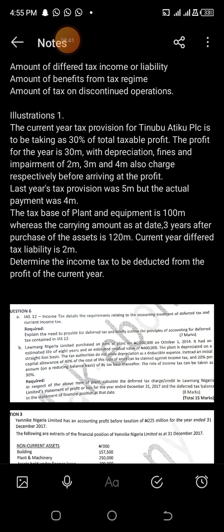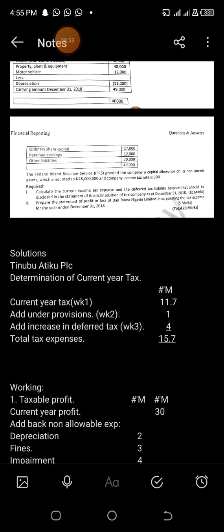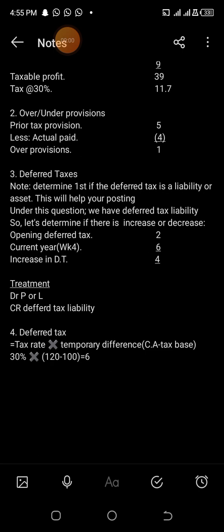They said the current year deferred tax liability, rather, is 2 million. So we have been given that, the opening deferred tax. So, like I said, I put a note here.